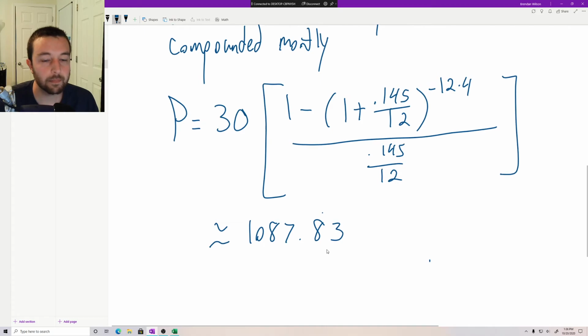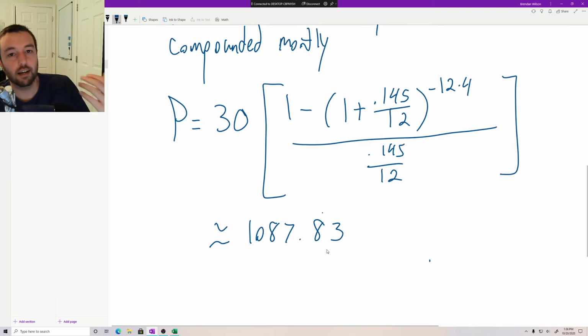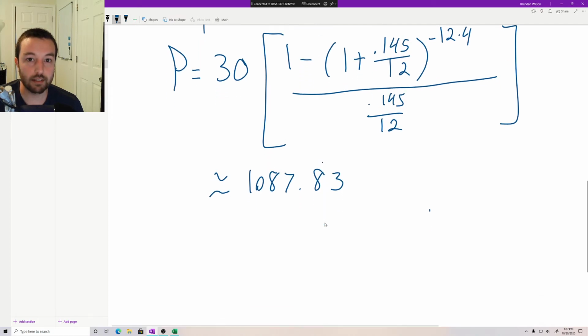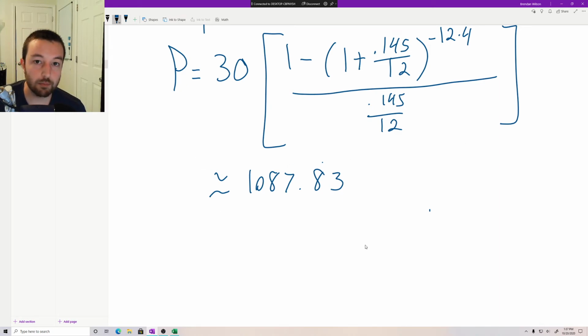1087.83. So that's the present value of this iPad, which is pretty expensive for an iPad. The problem mentions that the retail cost of the iPad is $500. So it's not a good deal, basically, right? And really, he paid even more than this, right? This is the present value, so this tells you how much it is worth right now based on the terms.